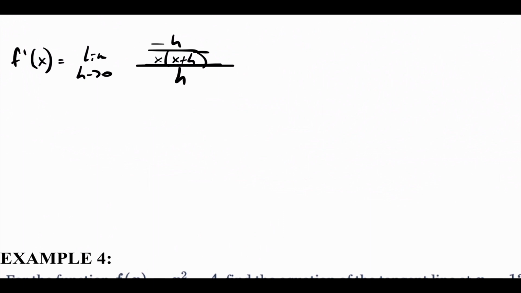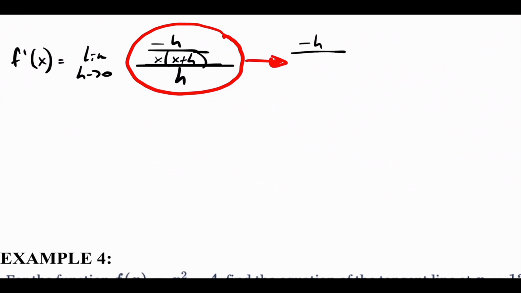But what do we do after this? Yep, we can rewrite it. This is just a division problem. Negative h over x plus h divided by the bottom, which is just h.